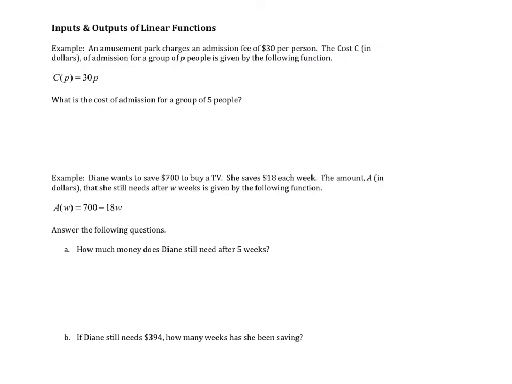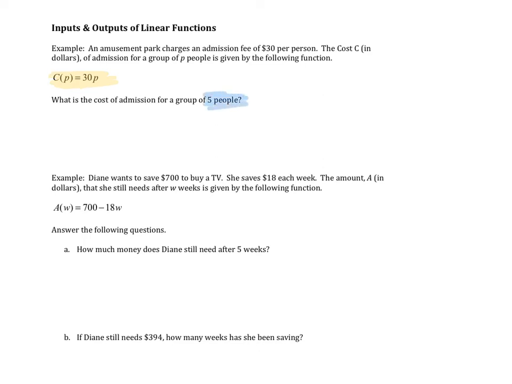And then the last topic that you guys have for this time is inputs and outputs of linear functions. So this is pretty straightforward. It's going to give you an equation or a linear function. C of p is equal to 30 times p, and then it's going to give you some sort of value to input. So it says, what is the cost of the admission for a group of 5 people?